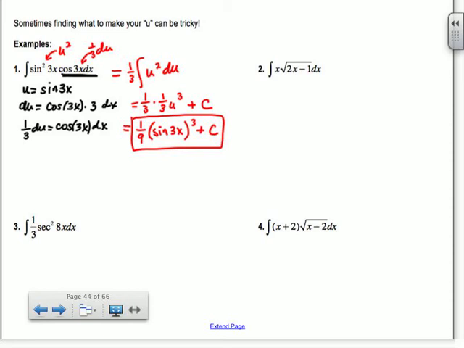And then plus c. Oh, wait. I forgot my numbers, didn't I? Yeah, I was doing method 2. So your u of 1 is 1 minus 4, so negative 3. And u of 4 is 1 minus 16, so negative 15.